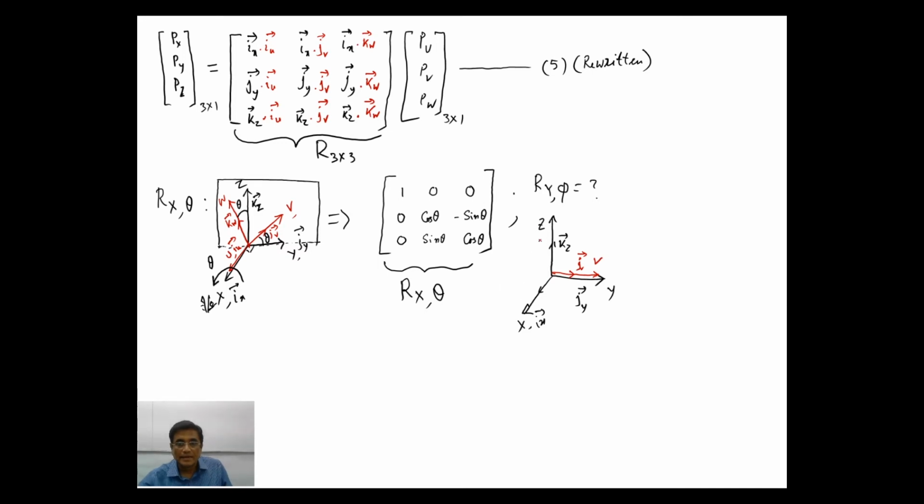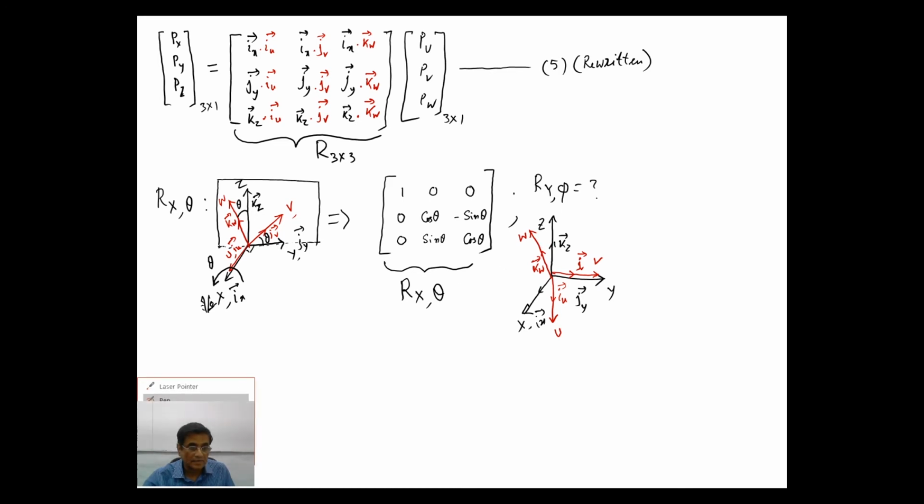And this is our w, Kw, and now u, Iu. So now u and x will be flipped, and then y and v are overlapping axes, because the rotation has now taken place about the y axis.